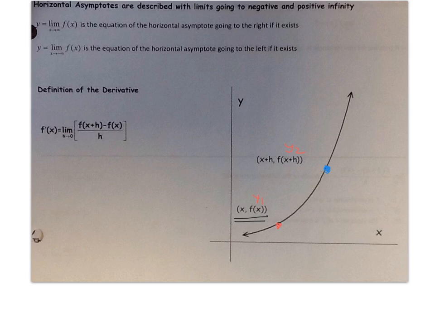So if I take the numerator of my slope formula, that's shown over here, f of x plus h minus f of x, and then the denominator of the slope function would be x plus h minus x. So the x's go away and you're just dividing by h. Now, as h approaches 0, so as these points get closer and closer together and I look at the limit of that slope, that's how I get the derivative. Definitely know that definition.